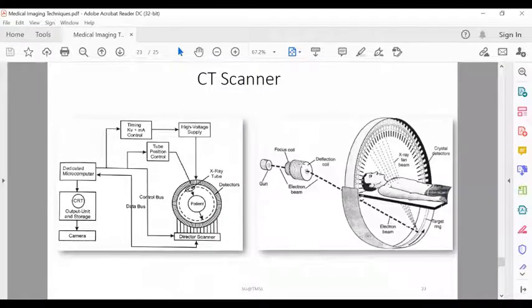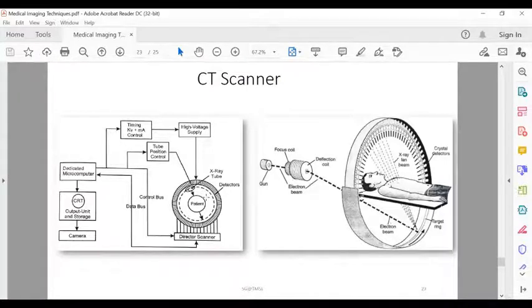So next, that is the CT scanner block diagram on the left hand side, and on the right hand side it is the electron beam CT scanner. The X-ray source and the detector are mounted opposite to each other, as you can see in this picture.